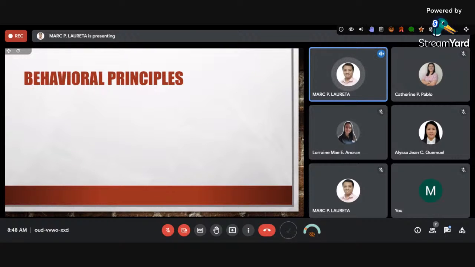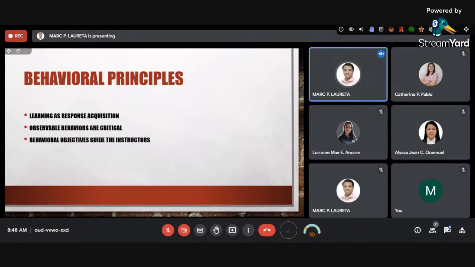Then, in terms of behaviorism, there are several principles we would like to mention relevant to instructional design. First, learning is about strengthening the relationship between stimulus and response. Then learning should be observable behaviors. Therefore, we can measure the performance improvement.